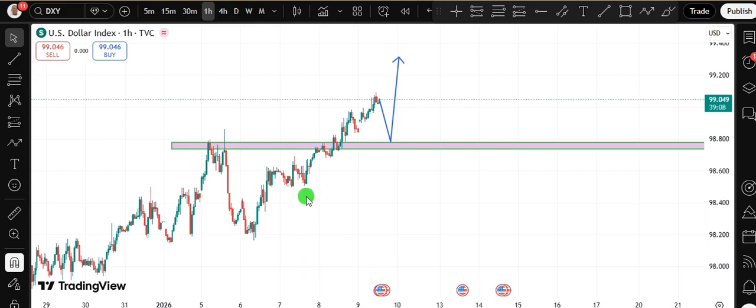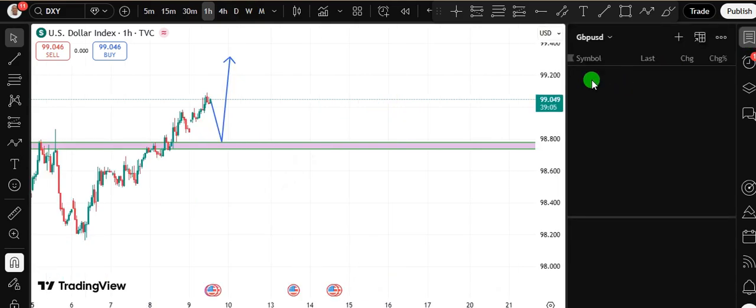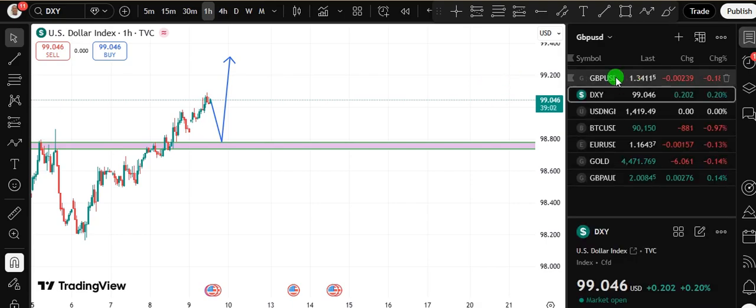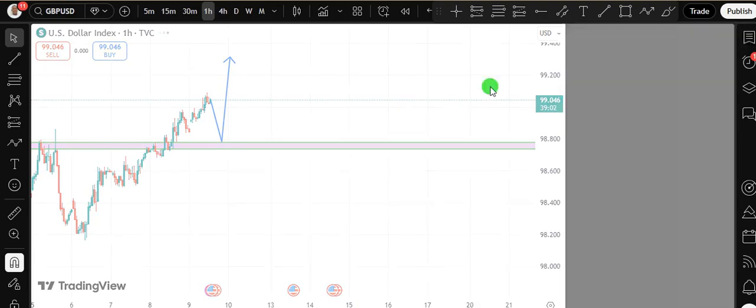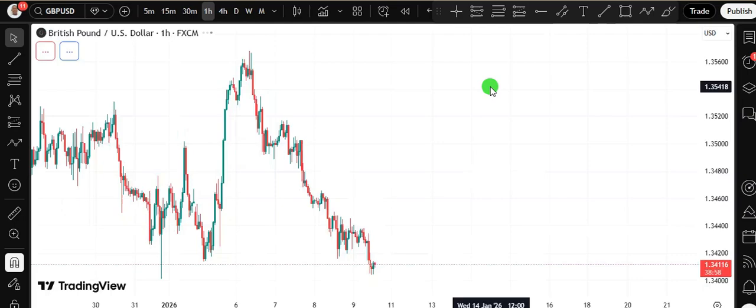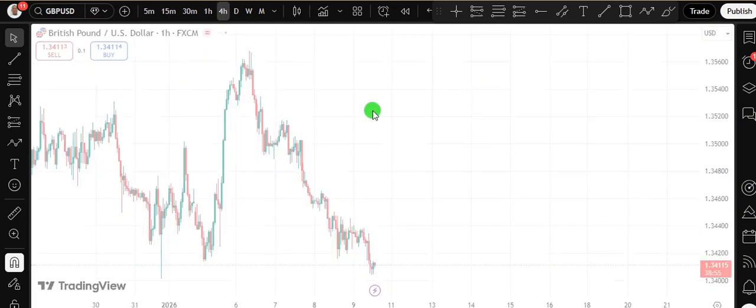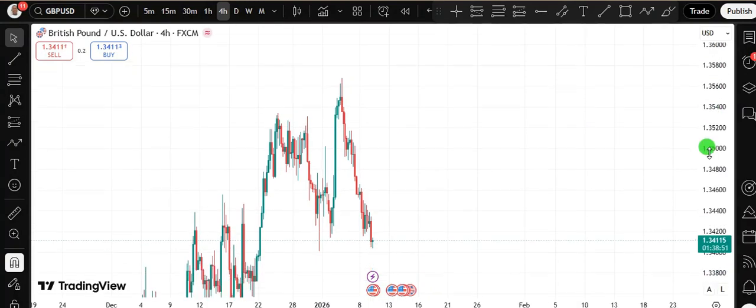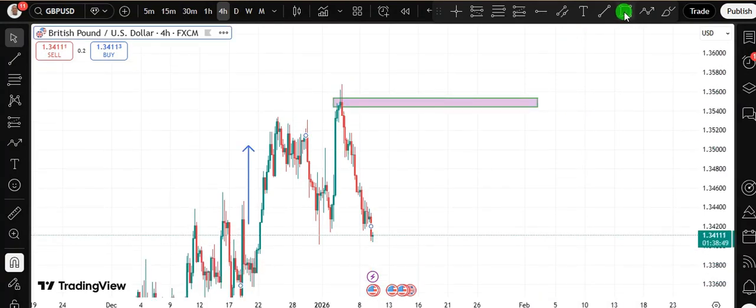So let's go straight to the chart, starting with the pound dollar. Here's the chart for the pound dollar, going straight to the H4. We expect something similar, just like I said earlier.